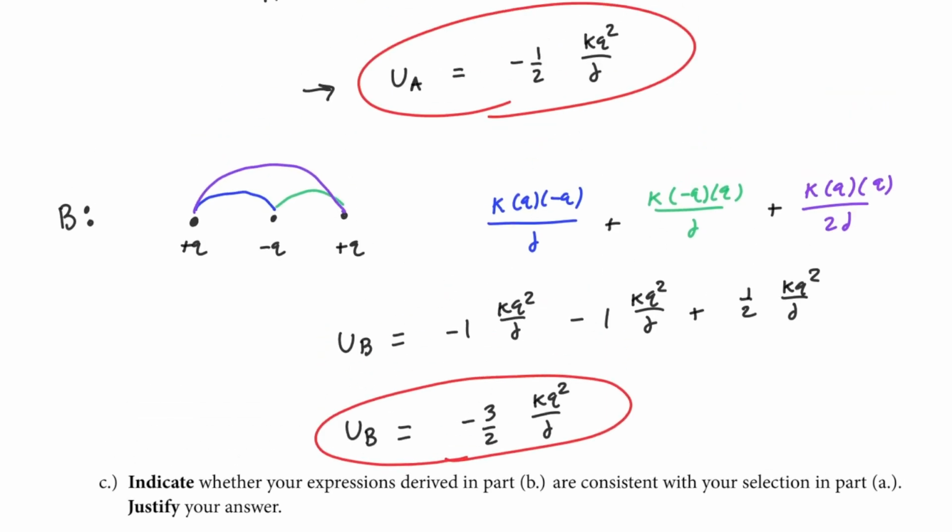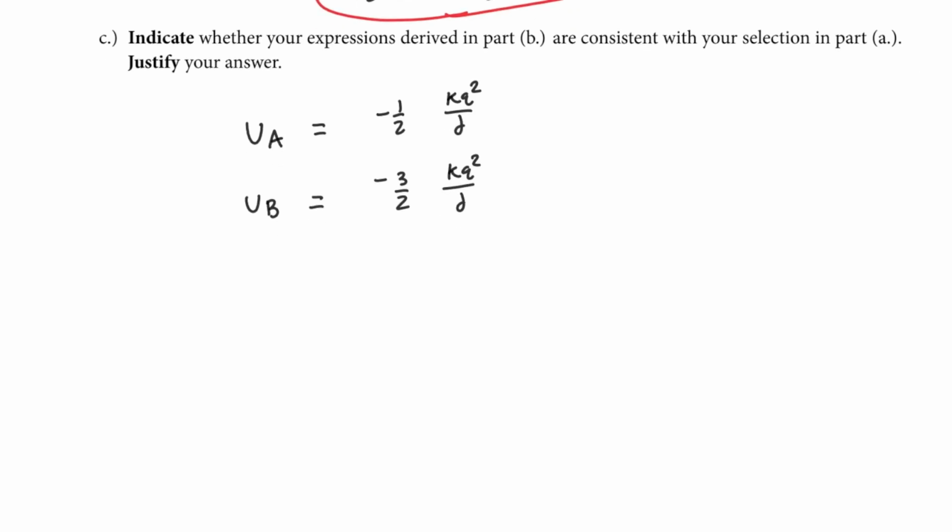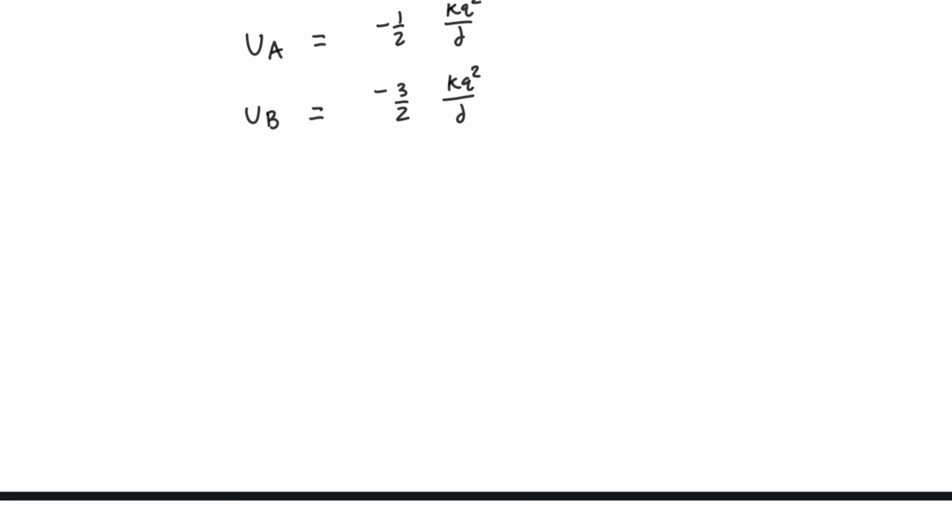So now we're just asking, is this consistent? Well, we see that UA was equal to negative 1/2 kq squared over d, and UB was equal to negative 3/2 kq squared over d. And we can see that negative 1/2 is bigger than negative 3/2 because B is more negative, just as expected.